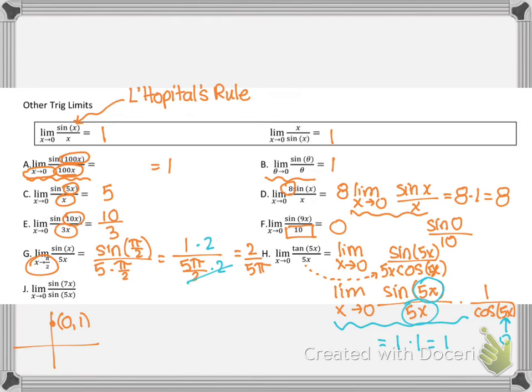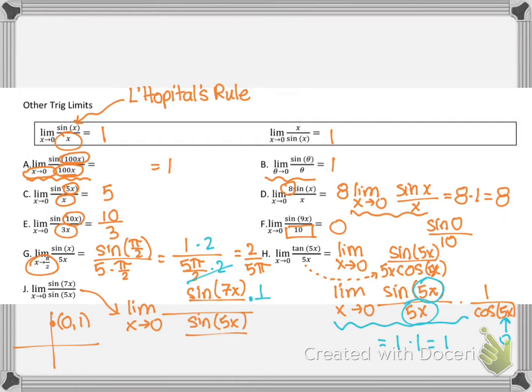Okay, last one. This one, again, we have to do a little bit of work. So I have limit as x approaches 0. What I'm going to do is I need some denominator of x's in order to find our limits. So on the top and the bottom, I'm going to multiply by 1 over x.